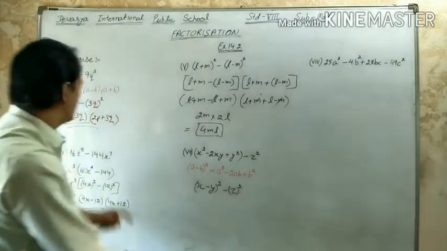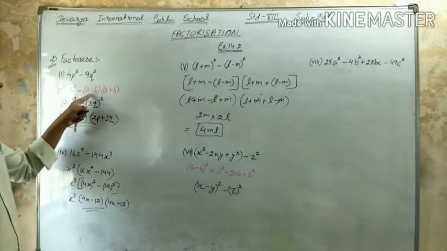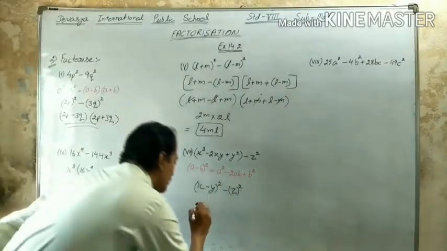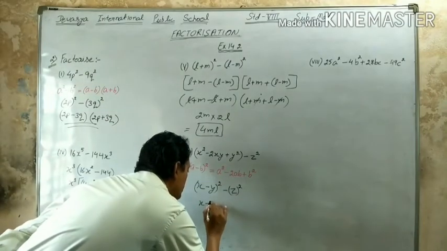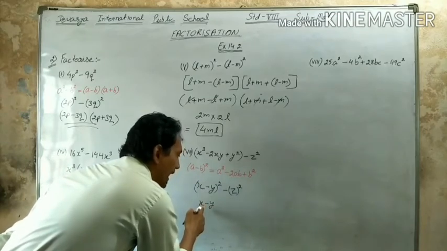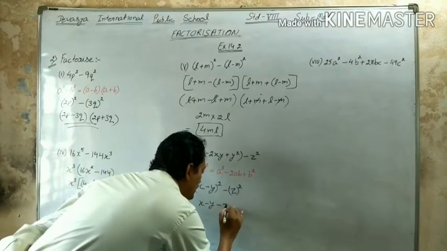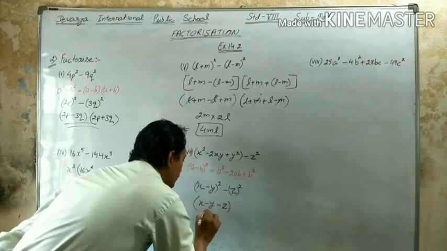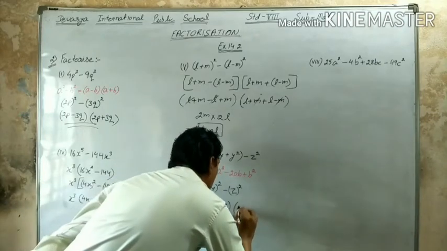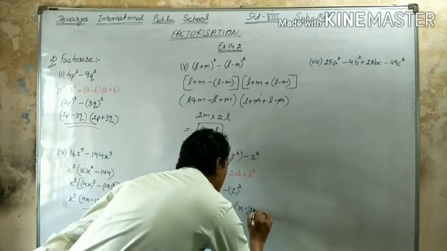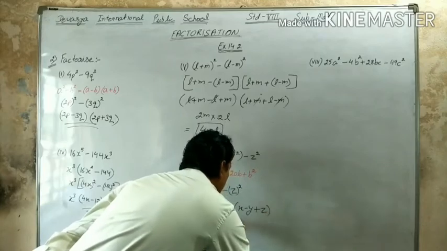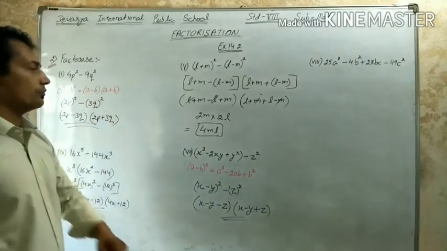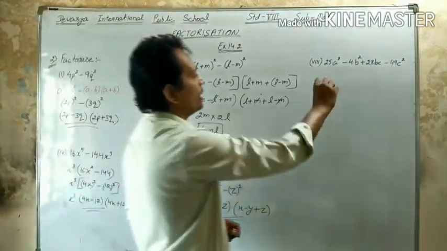Again we have the same formula, a square minus b square is equal to a minus b into a plus b. So we can write it as x minus y, this is your a, minus z, again x minus y plus z. This is your factorization.